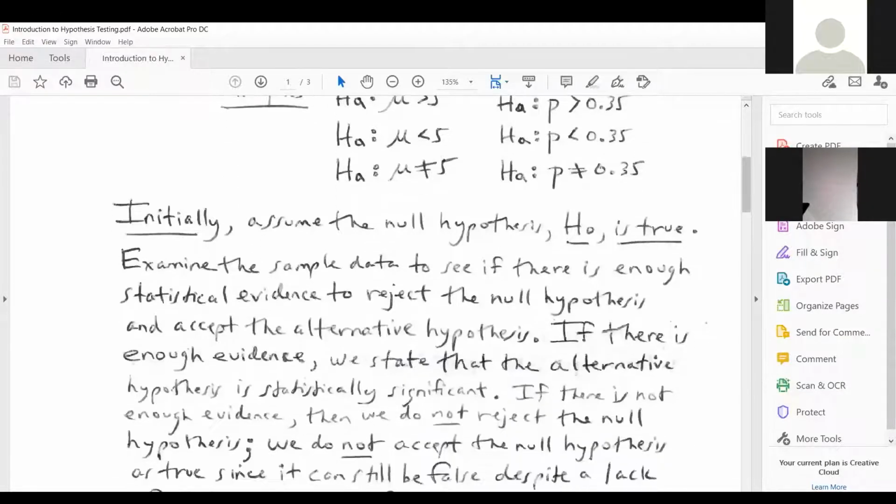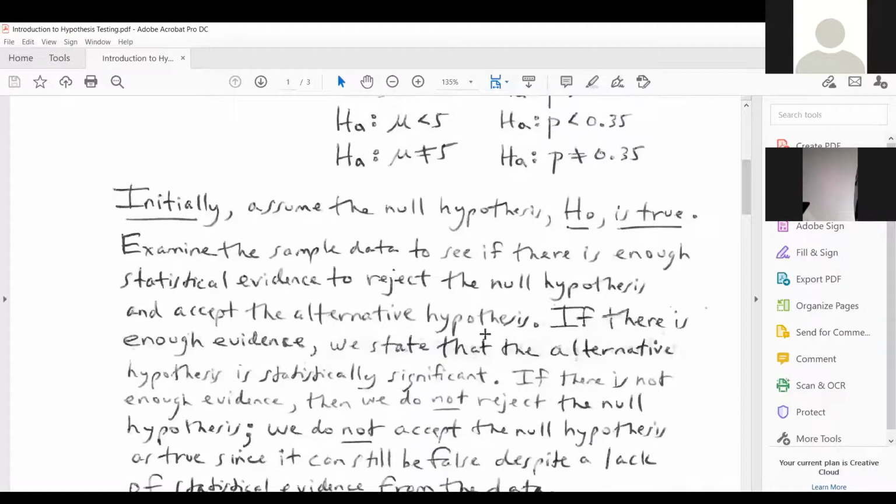Now, she did mention that when we do hypothesis testing, she used the example of a criminal trial. We assume that the null hypothesis H naught is true. It's the standard knowledge about something, whatever we're measuring, something quantitative in nature. We're assuming the null hypothesis is true to begin with.